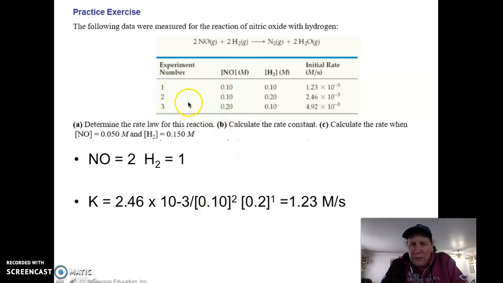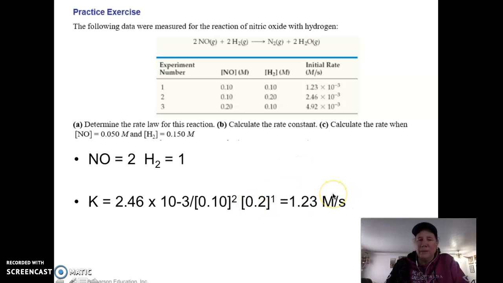So if I'm doing the second one, I take my concentration of NO, which is 0.1, and it was second order, so I raise it to the second power. And then this one is 0.2, and it was to the first power. So basically, I'm going to take this and divide by this, and I get 1.23 meters per second. That's my K, my rate constant, I should say.